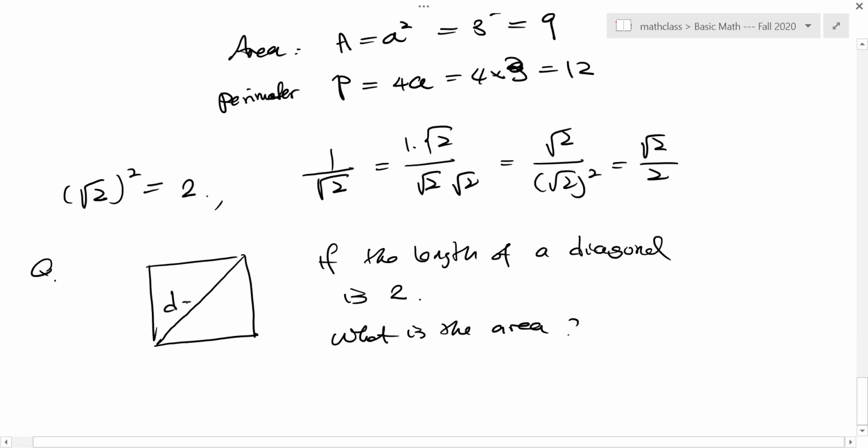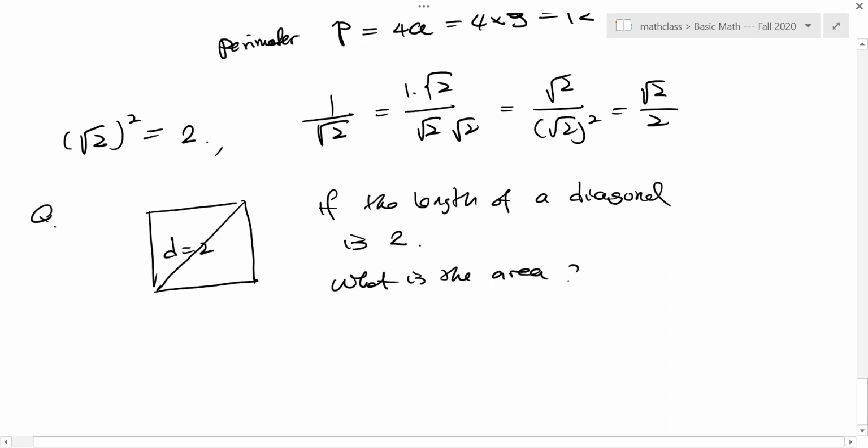So d equals 2. Let's find out the area. How do we solve this problem?